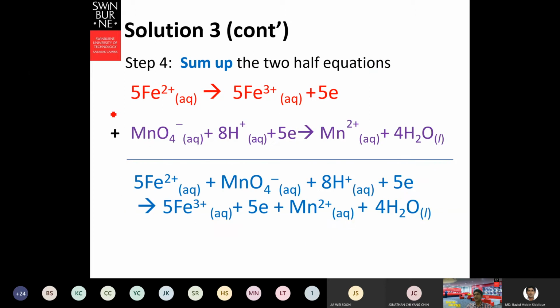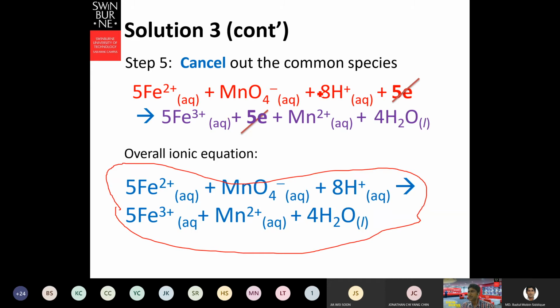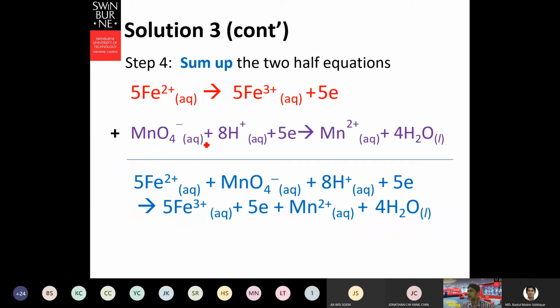After I add these 2, I will have this overall ionic equation. Here this is the reactant side, this is the product side. So 5 electrons I have on the reactant side, 5 electrons I have on the product side.